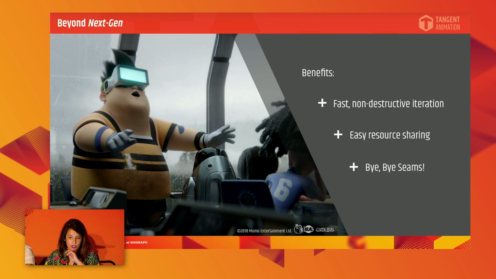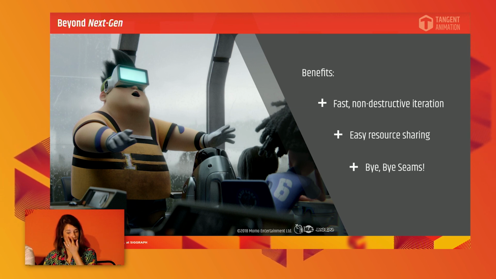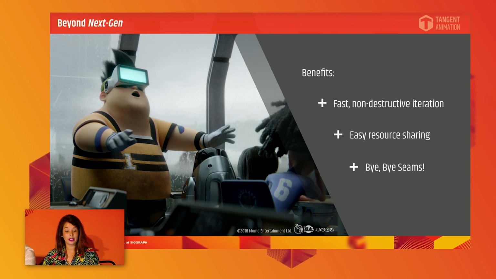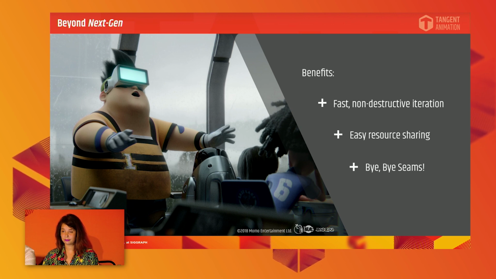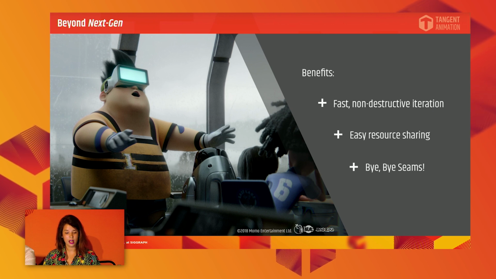So just to recap, some of the major benefits that we noticed while using Substance on NextGen almost right away was that iteration was super fast and also fairly non-destructive. And then, importantly, sharing assets was relatively pain-free.